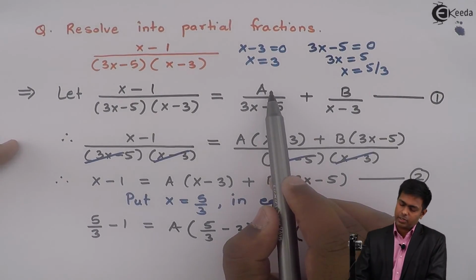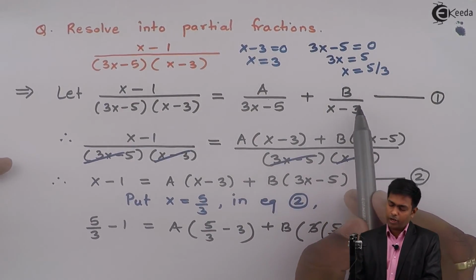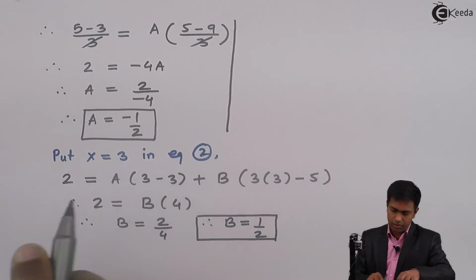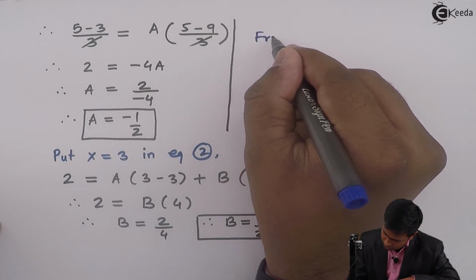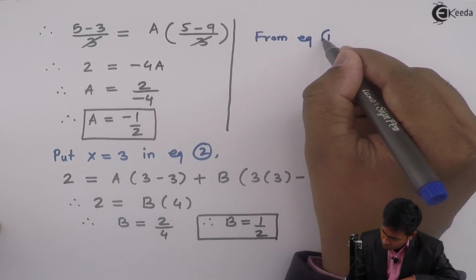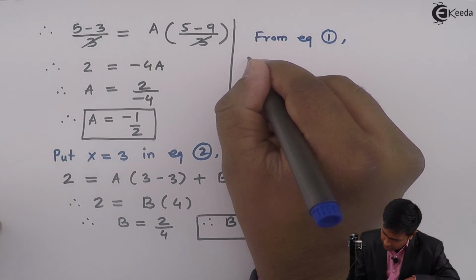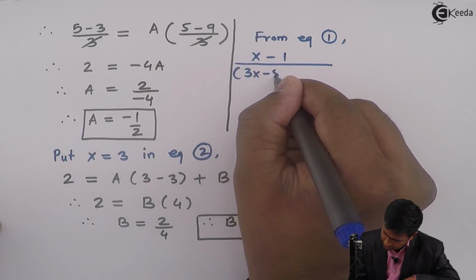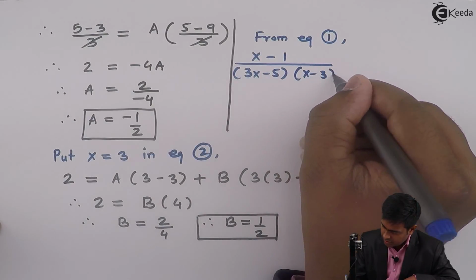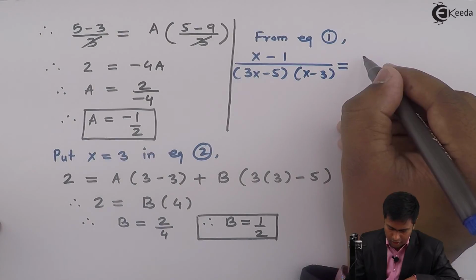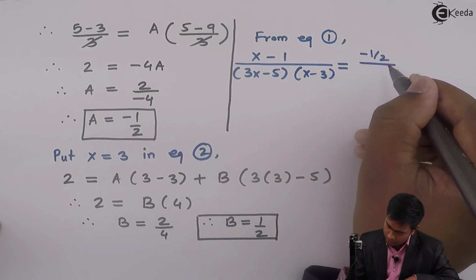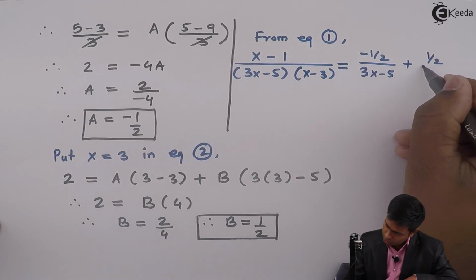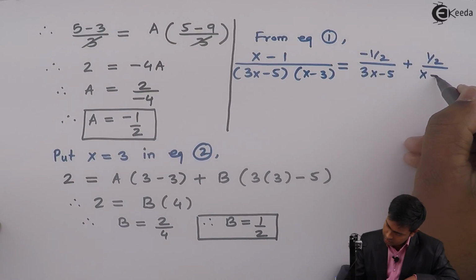So by substituting A as minus 1 by 2 and B as 1 by 2, from equation number 1 we will get (x minus 1) upon (3x minus 5)(x minus 3) equal to, now A, that is minus 1 by 2 upon (3x minus 5), plus B, that is 1 upon 2 (x minus 3).